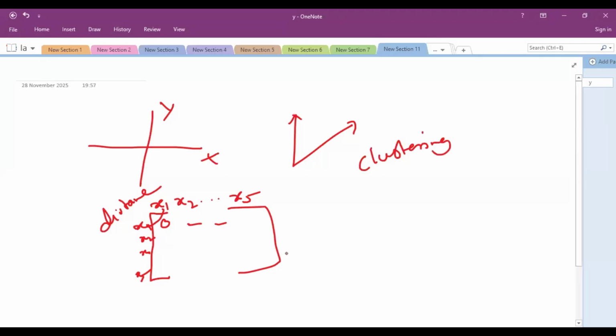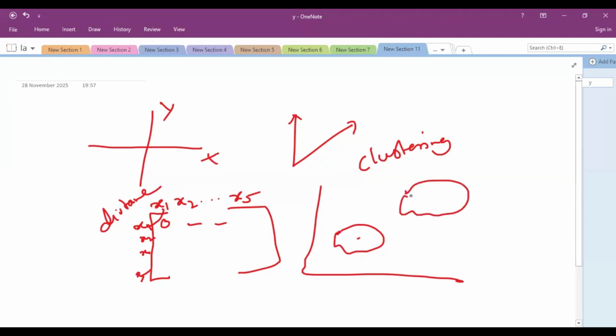With clustering, I mean if we have a large amount of data, we can find the distance between every object, and the points which come closer can be put under one cluster, and the points which are far away from them, but close to each other, will be put into another cluster, cluster 1, cluster 2, and so on.